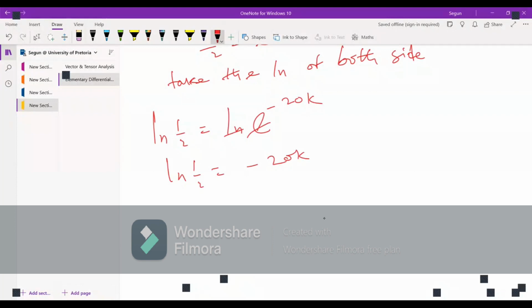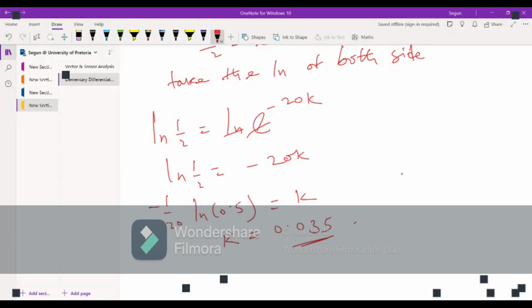We need k alone, so we divide both sides by minus 20. You have minus 1 over 20 ln 0.5, and punch your calculator, equals to k. So k is equal to 0.035 from your calculator.